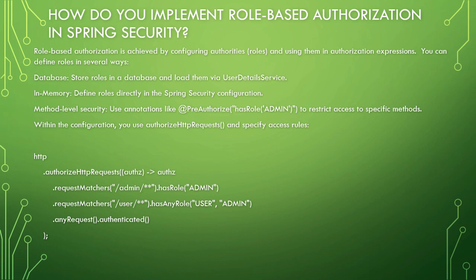You can define roles in several different ways. One mechanism is the database. You can store the roles in the database and load them by using the UserDetailsService. This is, I would say, a common way, but it is not recommended nowadays, because we are using the username password approach less and are using some different ways.